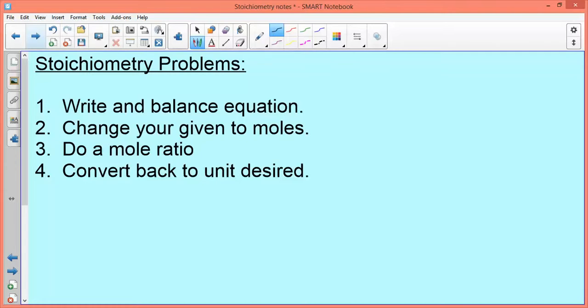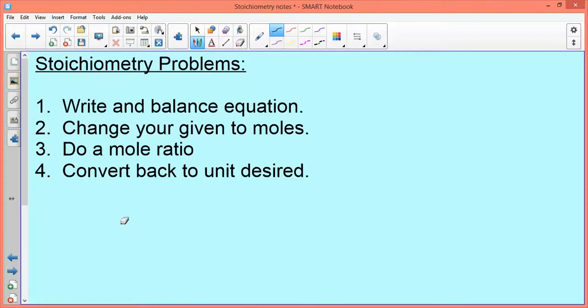If you're not given moles, you're always going to change it to moles first. Once you've changed it to moles, you can do a mole ratio, as we just did on the previous two problems. The mole ratio changes you from your given to what's asked for. And then once you're in units of what's asked for, convert back to the unit desired. So we will start with mass-to-mass problems, gram to gram.